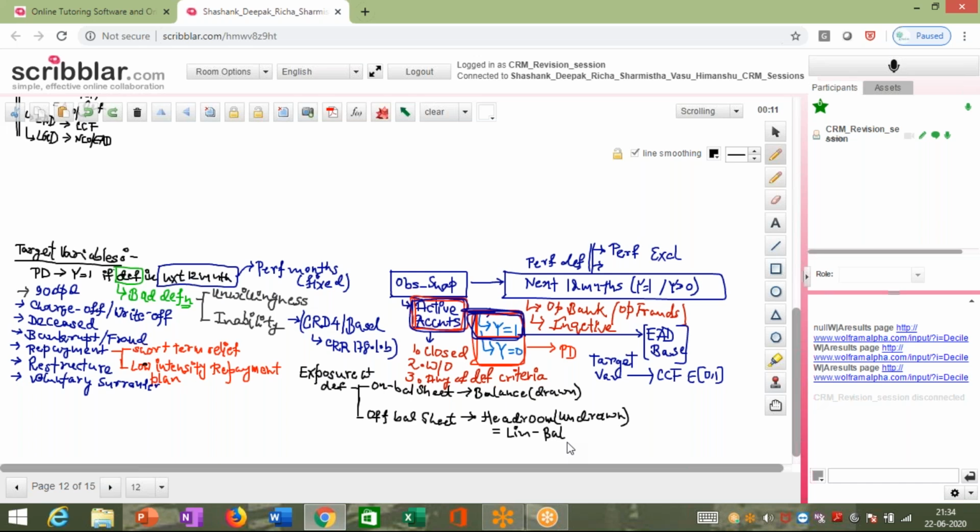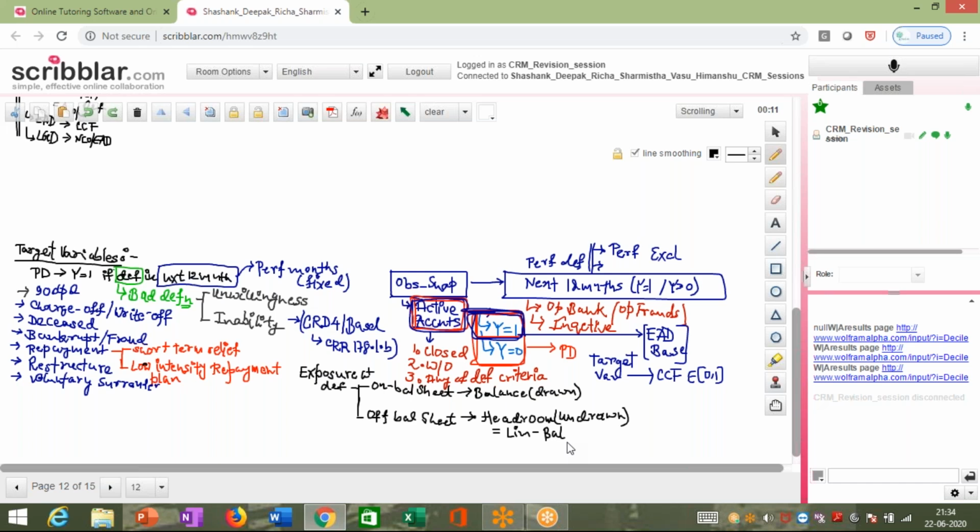So there are these two balances, the undrawn and the drawn.